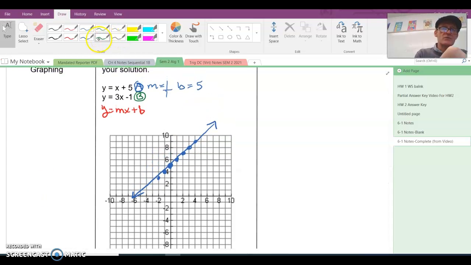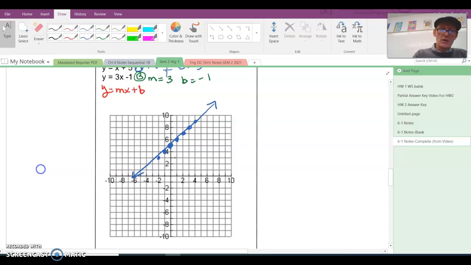Now I'm going to do the next one, and that is m equals 3 and b equals negative 1. I'm going to put a point at negative 1, and I'm going to go up 3 and over 1, up 3 and over 1, and I'm going to graph the line.